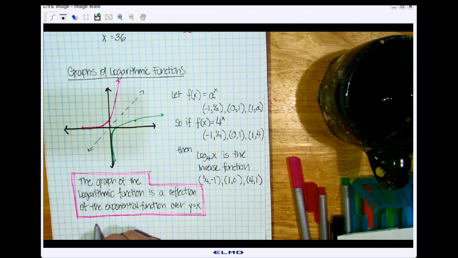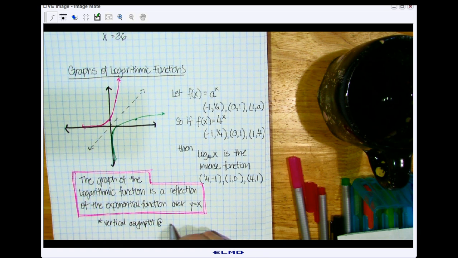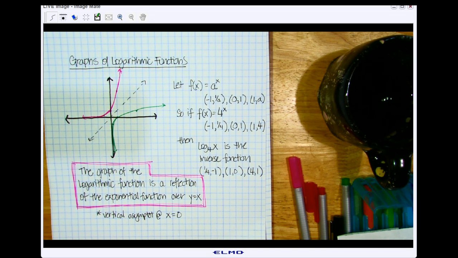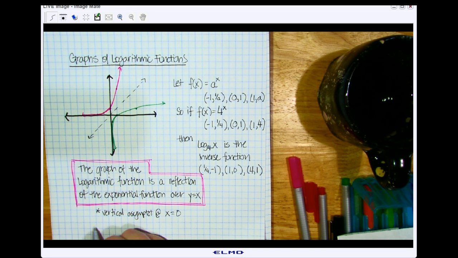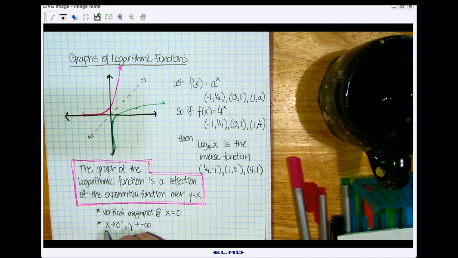Notice that this one has a vertical asymptote at x equals 0, and that in its most basic form, as x approaches 0 from the right, y goes to negative infinity, and as x approaches infinity, y goes to infinity.